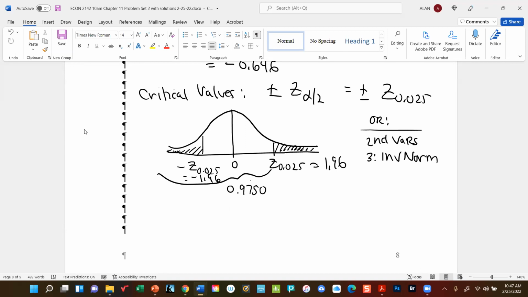And when you choose INV norm, you only need 2 things. Well, you need 3 things actually: area, mean, and standard deviation. Area would be 0.975. And then these would be 0 and 1 because it's standard normal. And it would, of course, have given you the same thing.